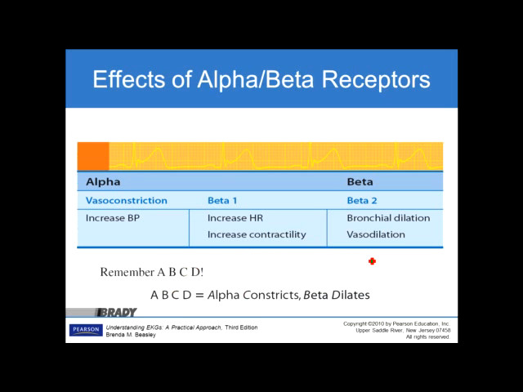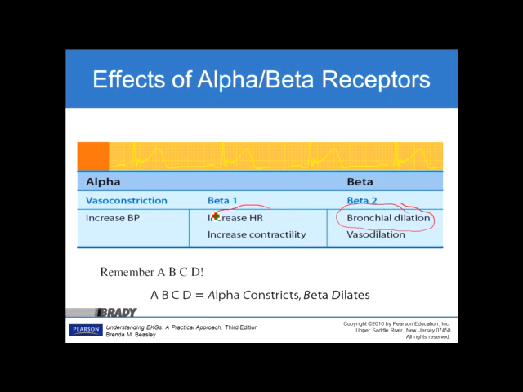Effects of alpha and beta receptors. Alpha, vasoconstriction. In the alpha receptors, it pretty much increases blood pressure. Beta-1 increases the heart rate and increases the contractile force strength. And the beta-2 causes bronchial dilation, and the muscle inside of the tunica media gives us a little bit of vasodilation. However, if we put something like epinephrine on board, we are going to get bronchial dilation.